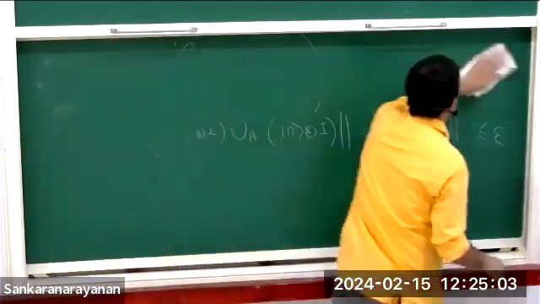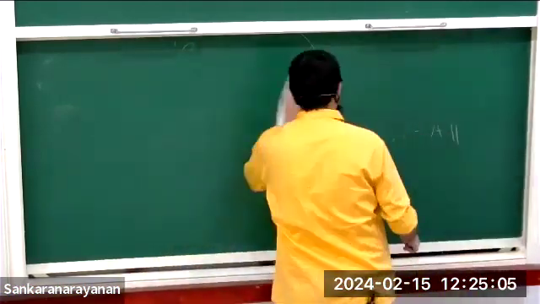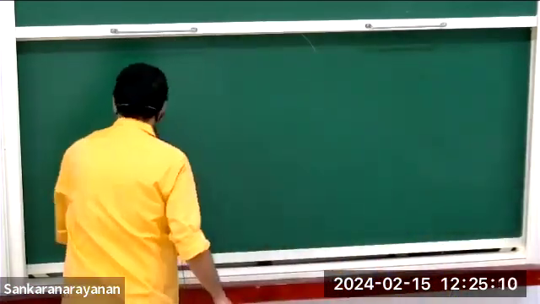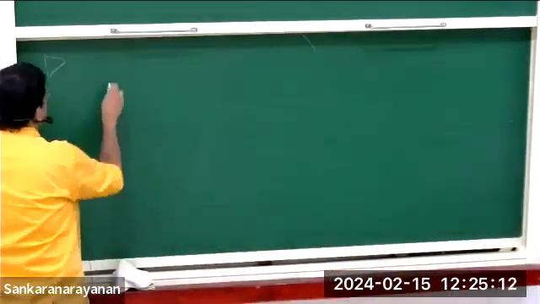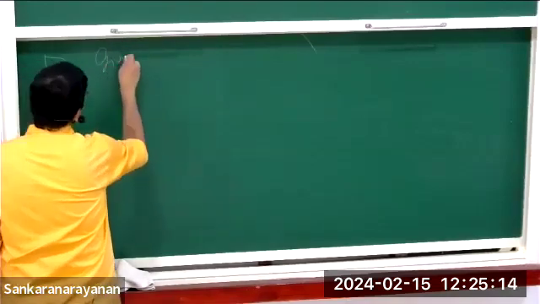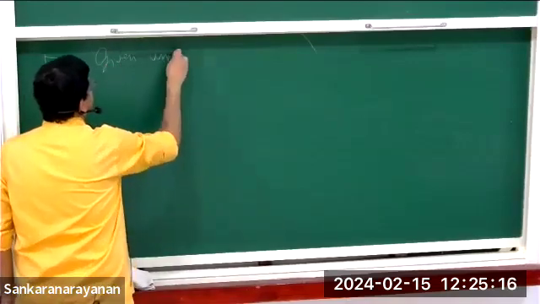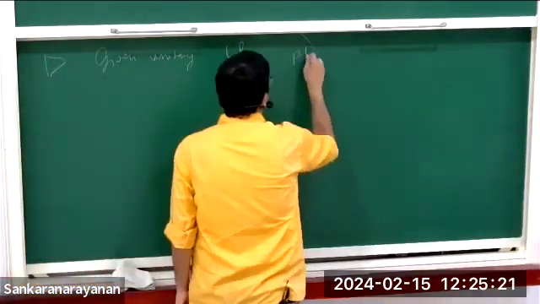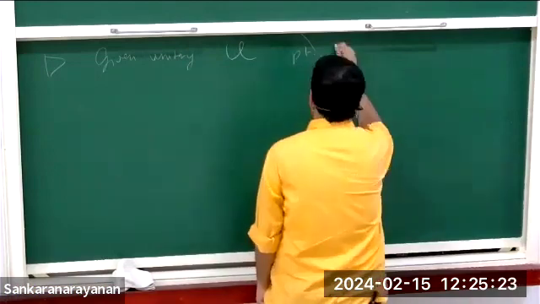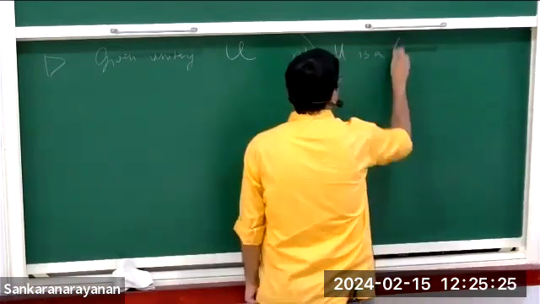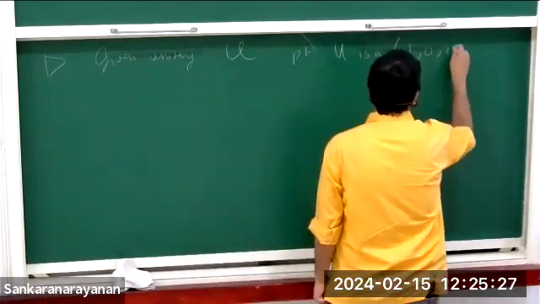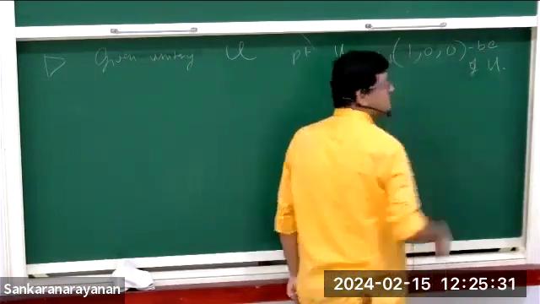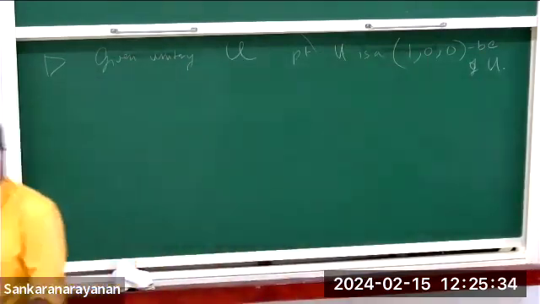So question. Given a unitary U, prove that U is a 1, 0, 0 block encoding of U. Easy problem.